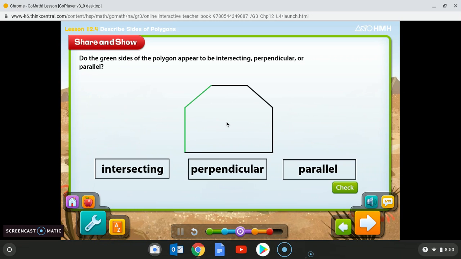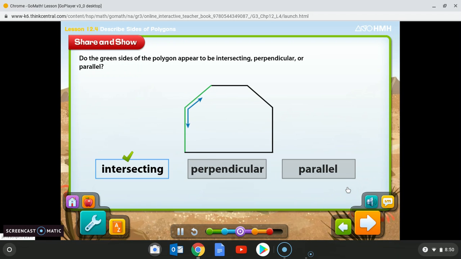So, is this a right angle? Can I put a nice little square here? No, that's going to make a funny looking shape. Are these lines crossing? Yes, they're touching. So I made an angle, which means they're not parallel. So these two sides are called intersecting. Okay, it made an angle, but the angle is not perpendicular.